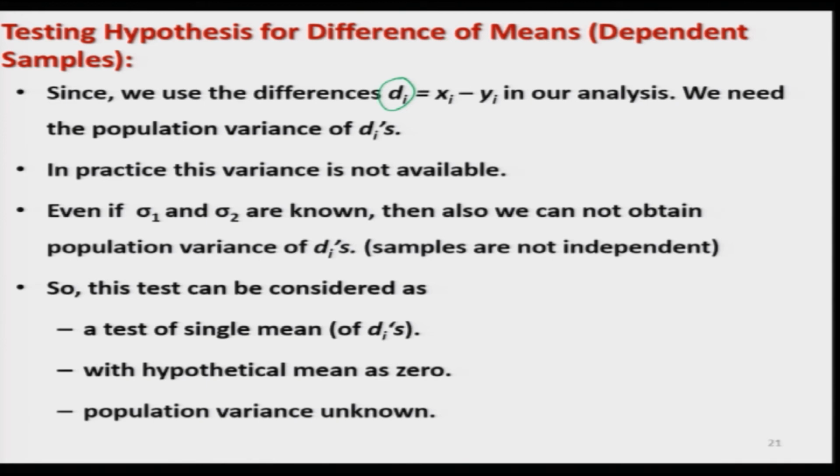Earlier, finding the variance of x1 minus y1 was easier because both samples were independent, but in this case they are dependent, right. So we try to translate this two sample case into the framework of a one sample case. How? As follows, right. We consider this case as a test of a single mean of the di's with hypothetical mean 0 and population variance unknown, right.